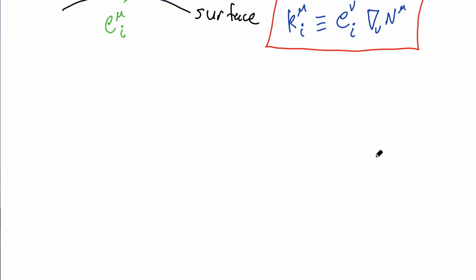Now let's verify that the interior dust geometry connects smoothly to the exterior Schwarzschild geometry. So let me draw the wedge once again. Here's the singularity. This is the surface of the star. And we need to construct, at each point along the surface, a unit normal n mu, and we need to construct a set of basis vectors in the surface.